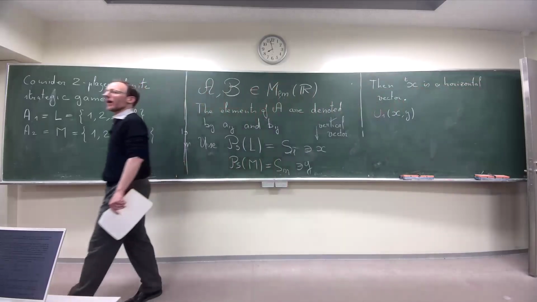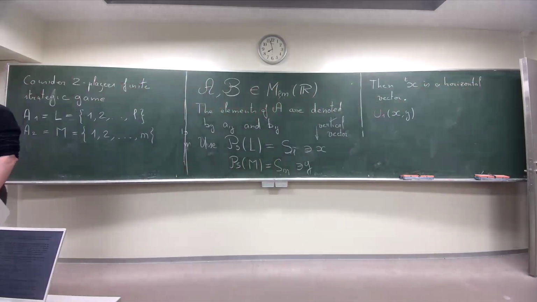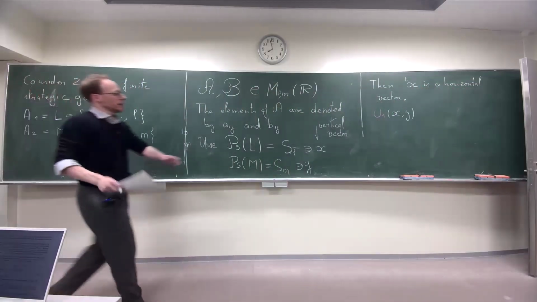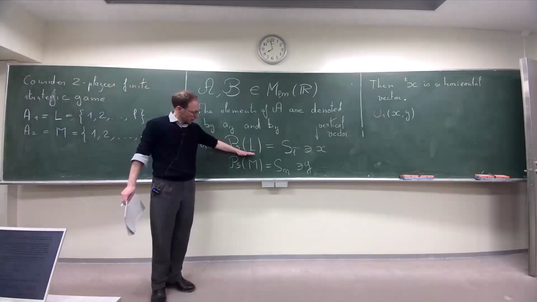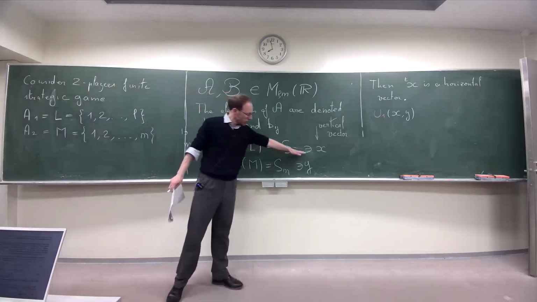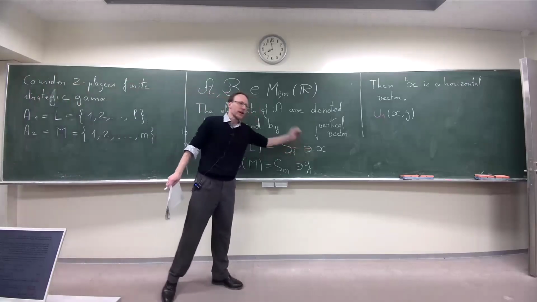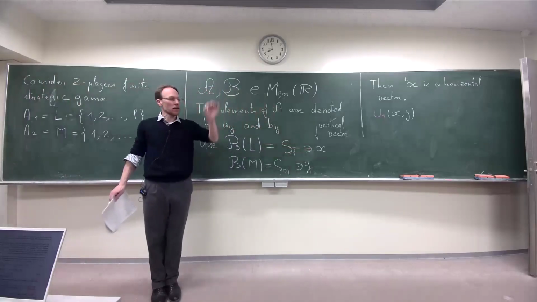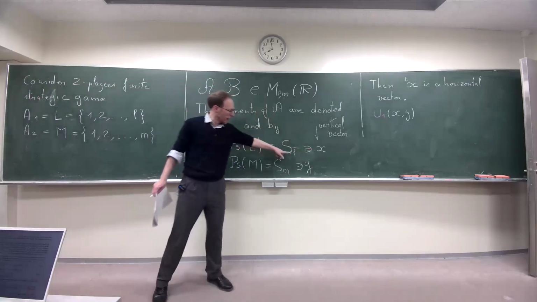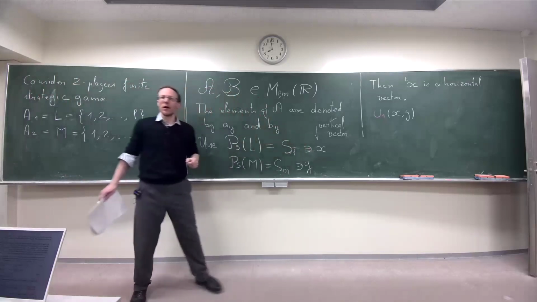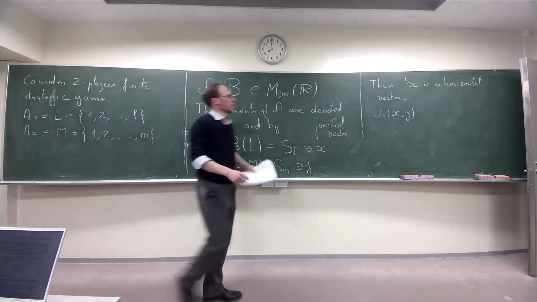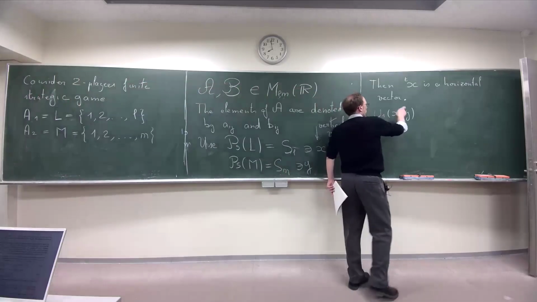Why am I allowed to write this? Because for a mixed strategy I should use a function on the pure strategies, but I use this notation. A mixed strategy is an X, which is a vector of L entries, and the sum of these entries is 1.